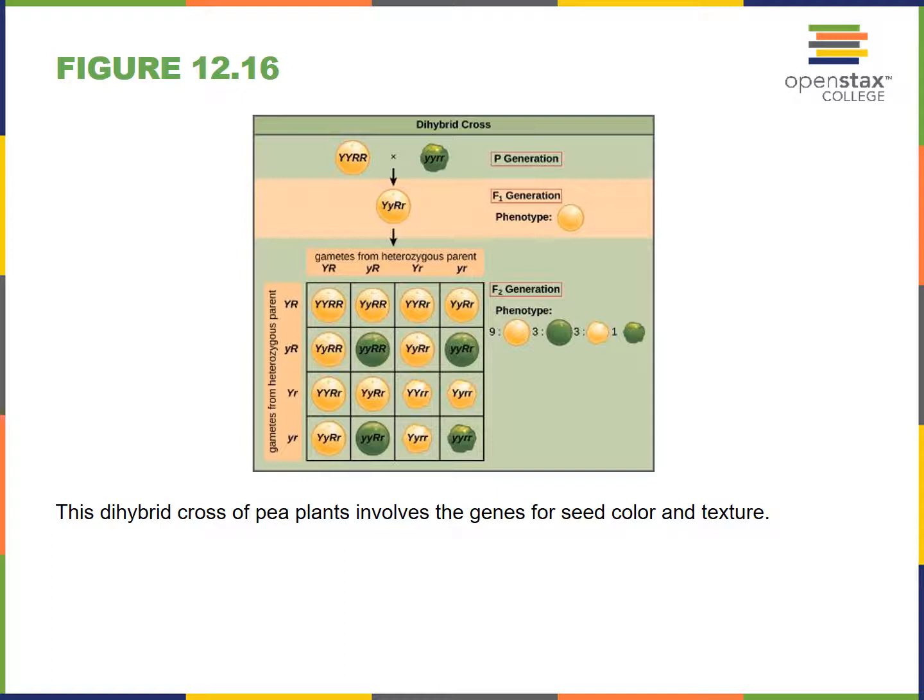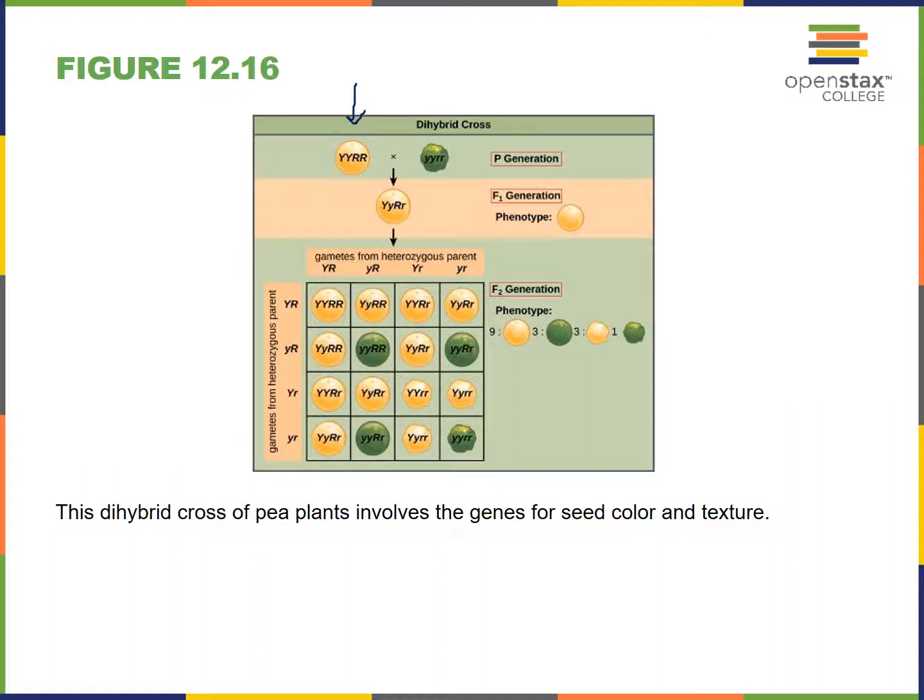So in his dihybrid experiments, he started to track 2 characters. So in these plants, he was looking at seed color, but also seed texture. And his true breeding plants had the dominant phenotype.